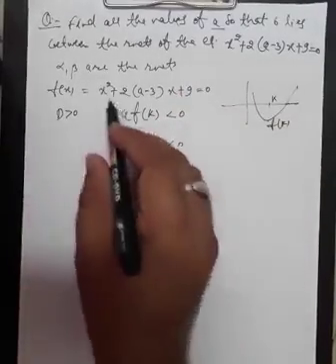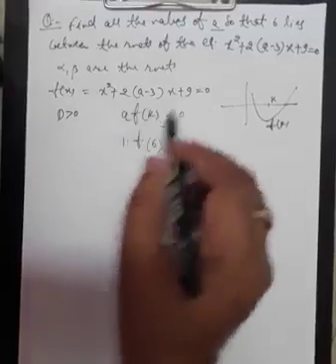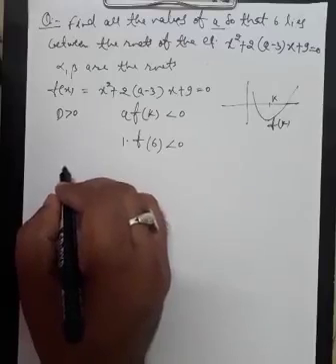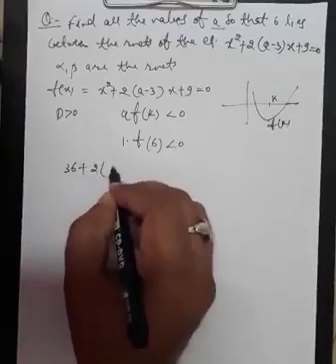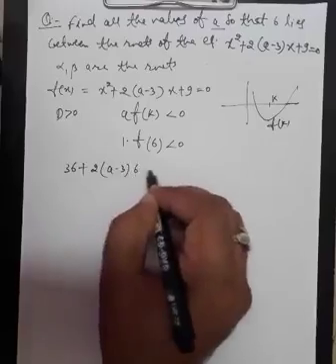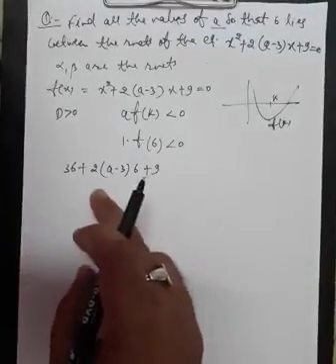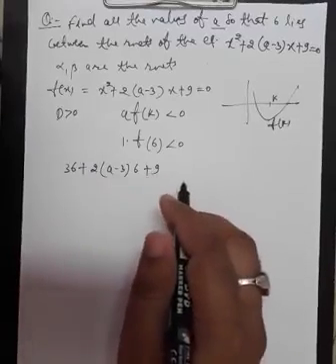Now f(6): substitute the value 6 in the expression fx. What will we get? 36 plus 2(a minus 3)(6) plus 9. 3 can be taken out, or we can solve it.